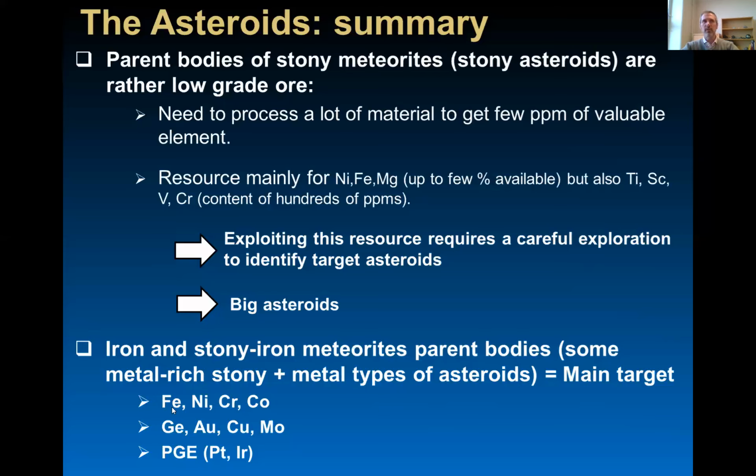We are talking about iron, nickel, chromium, and cobalt, germanium, gold, copper, molybdenum, and platinum group elements. They are really abundant in iron and stony iron types of meteorites, and then their parent bodies.